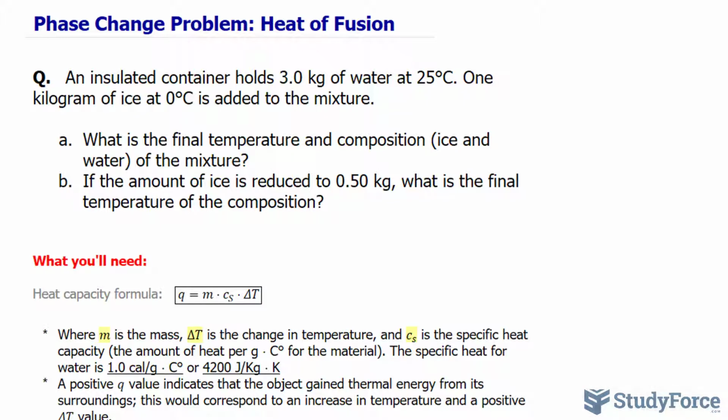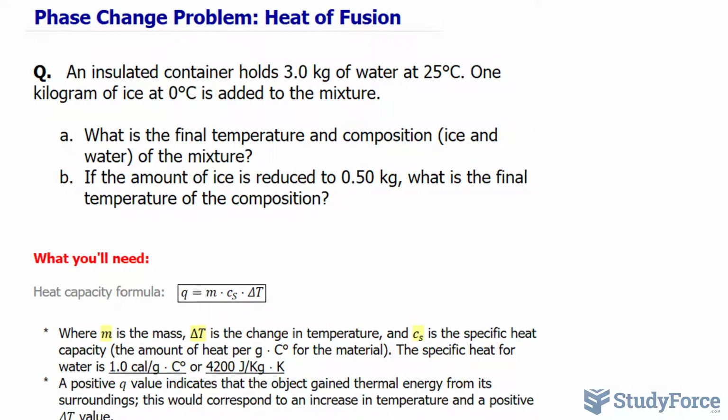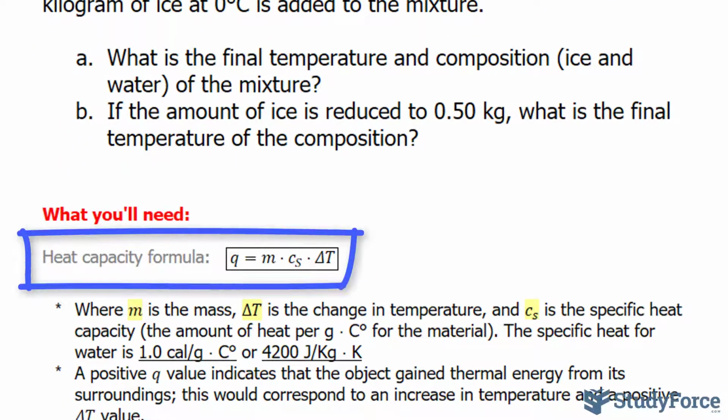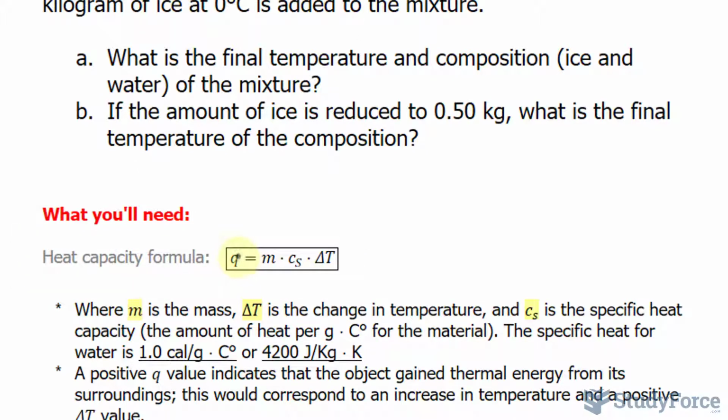So the very first thing that I want to do is refer back to a formula that we used in our previous video, and it is called the heat capacity formula shown on your screen right here. The heat capacity formula is written as Q, which represents the amount of heat energy, and that can either be in calories or joules, and that's equal to the mass times the specific heat capacity, this factor.